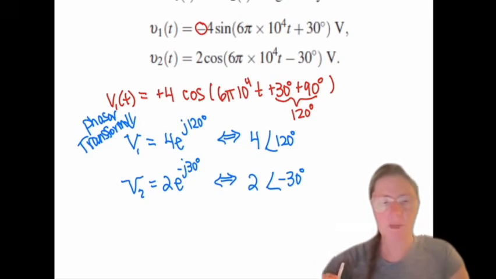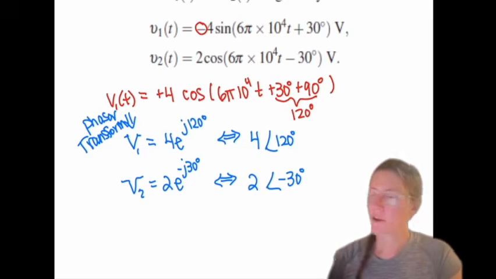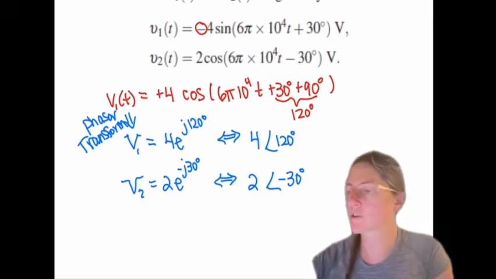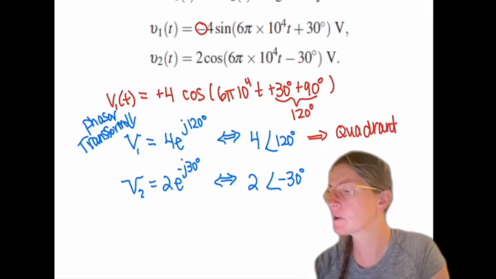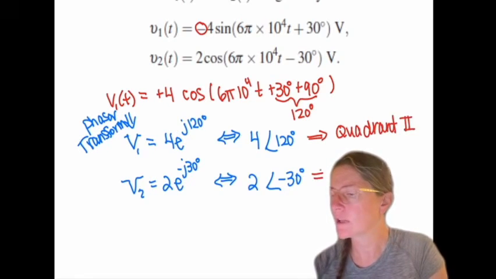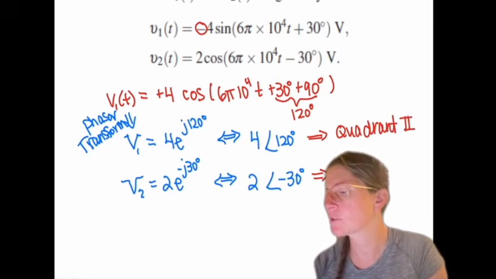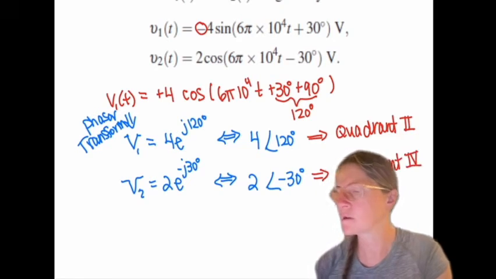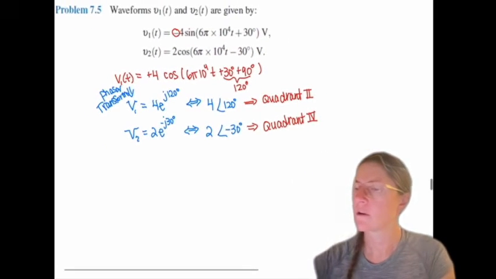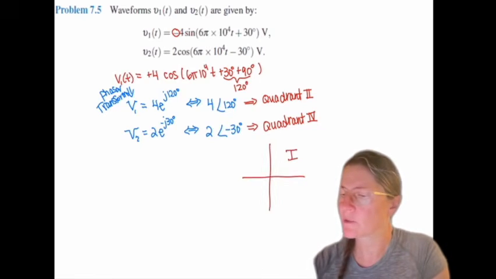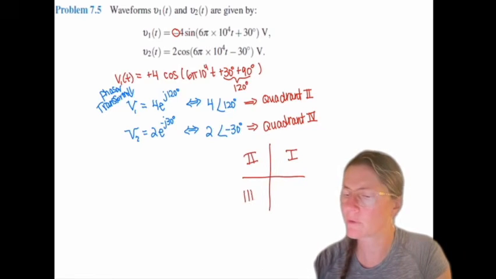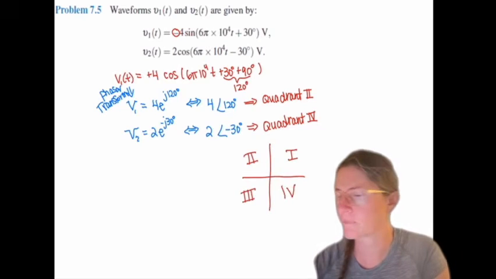So those would be your angles. Looking at the quadrants for these, 120 is going to be in quadrant 2, and negative 30 is going to be quadrant 4. So remember the quadrants, this one is 1, this one's 2, this one's 3, and this one is 4.